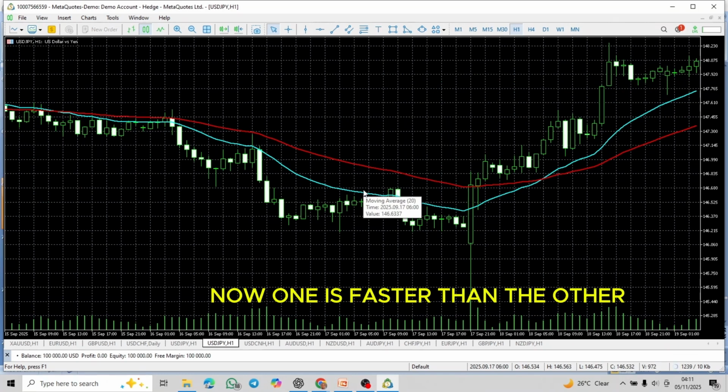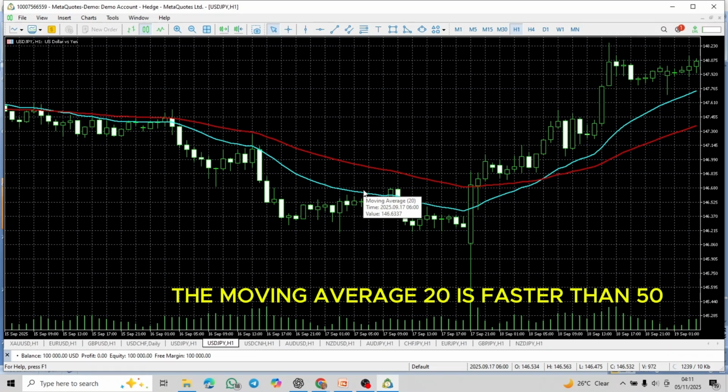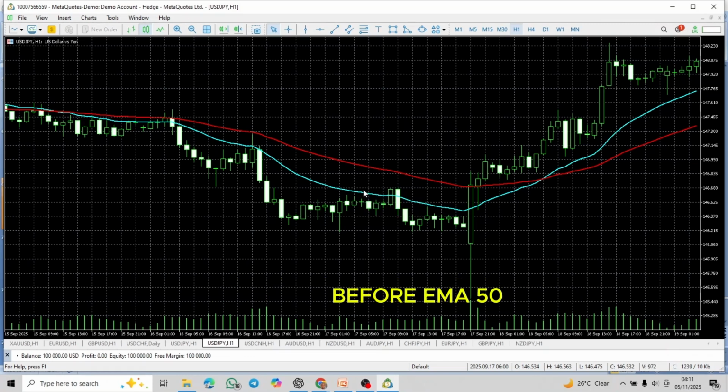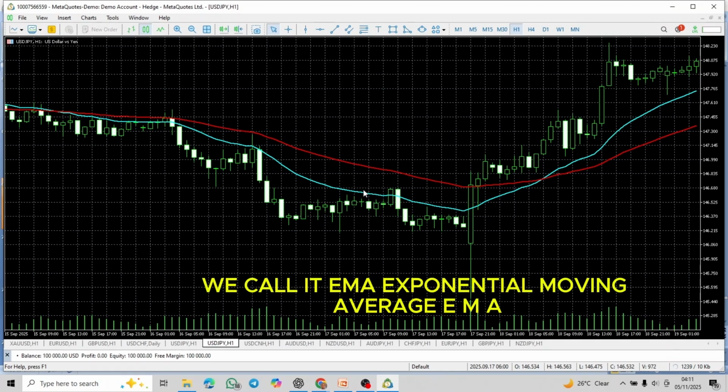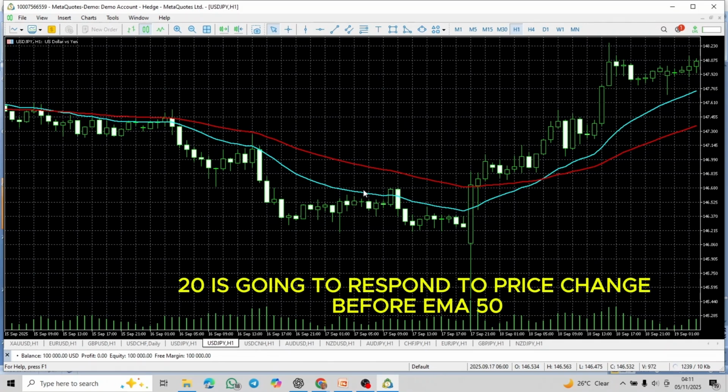One is faster than the other. The moving average 20 is faster than 50, so it is going to respond to price change before EMA 50. We call it EMA, exponential moving average. So EMA 20 is going to respond to price change before EMA 50 does.